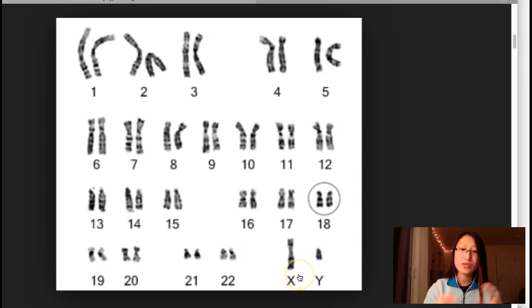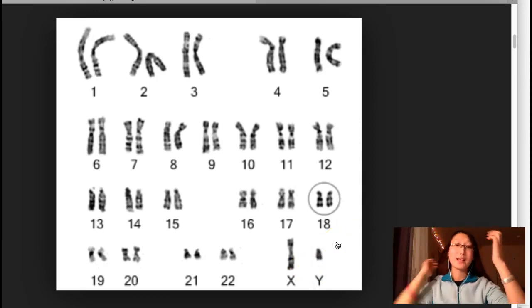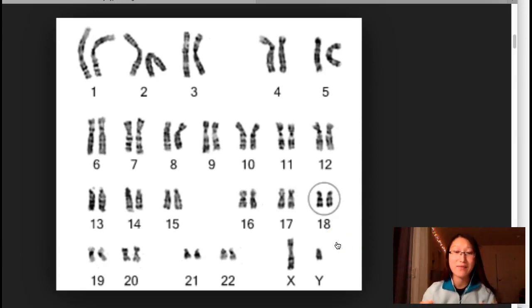So if there are two sex chromosomes, one is X, one is Y, how do you know which is which? Even if I don't label it, the X chromosome is larger than the Y chromosome, and that's fine. It doesn't mean that if you don't have two X chromosomes, there's something wrong with you. X and Y chromosomes together make you a boy.